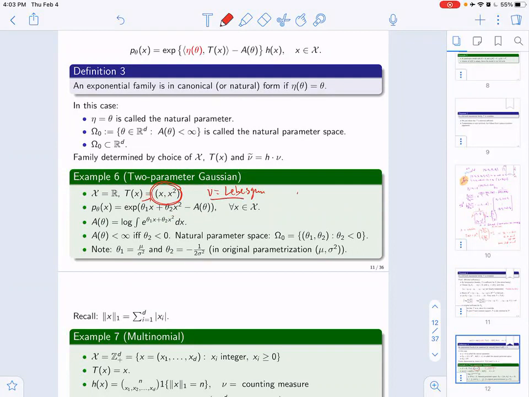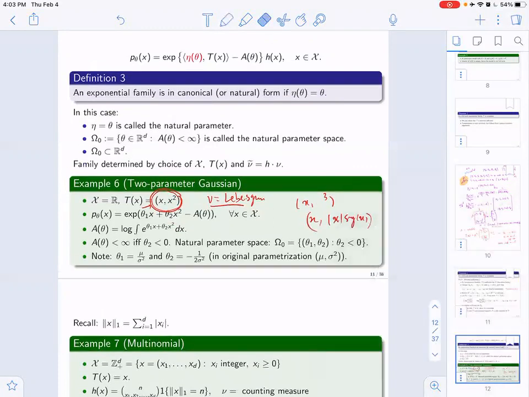If I change this to, for example, x and x cubed, I get a different exponential family, not Gaussian, but a different distribution, perhaps. I could do x and, I don't know, x sine x, for example. This would be a different family, and so on. Okay, does that make sense?